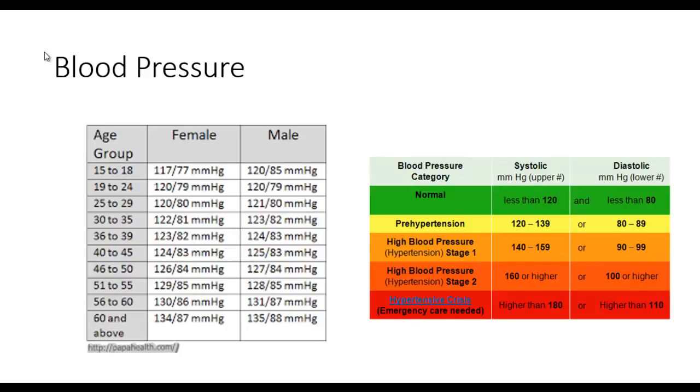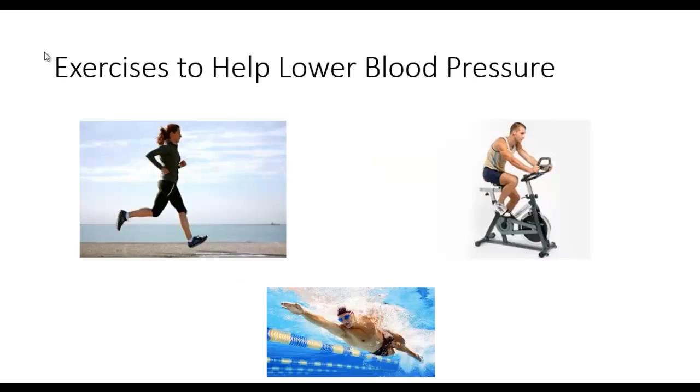A person with high blood pressure, it's like you're walking with a weighted vest on, and the higher your blood pressure, the more weight that vest has in it. Eventually you're going to get tired and you're not going to be able to do it anymore. That's the issue with the heart. Okay, so that's why our blood pressure is important, and we want a 120 over 80.